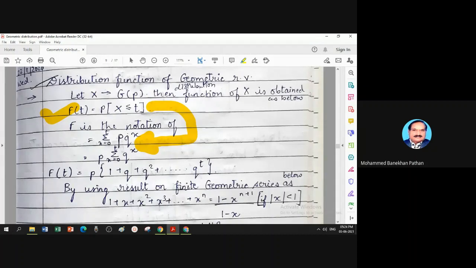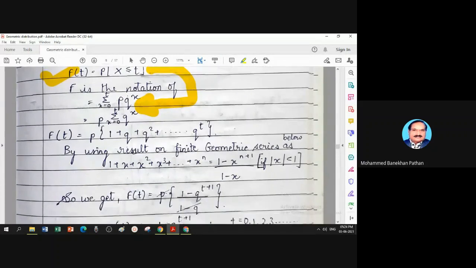P is a constant, taken out, summation X from 0 to T of q raised to X. Now I will expand this summation by putting particular values of X. X is 0, anything to the power 0 is 1, plus, next value of X is 1, so you get q.